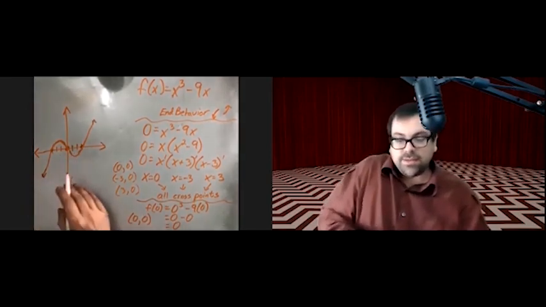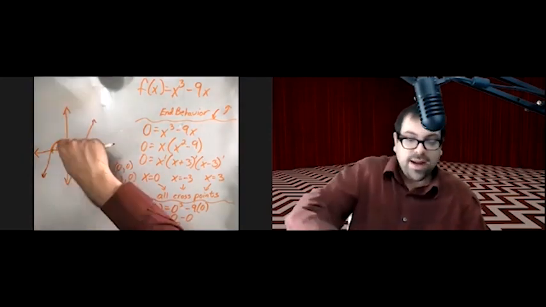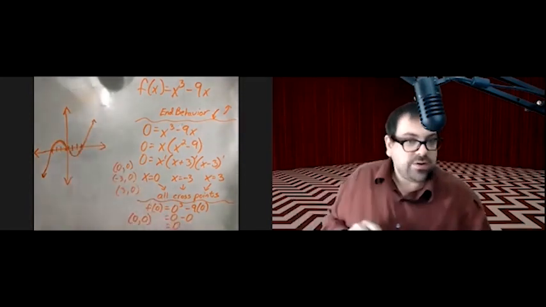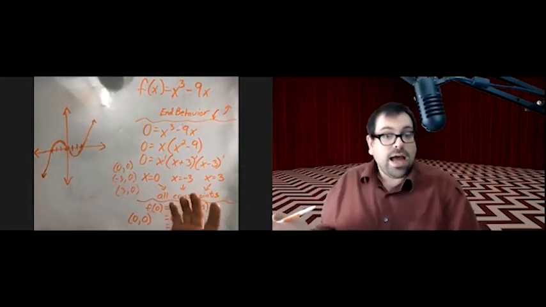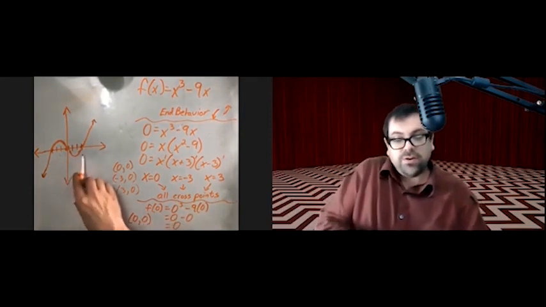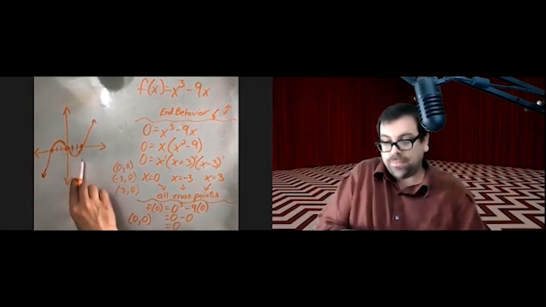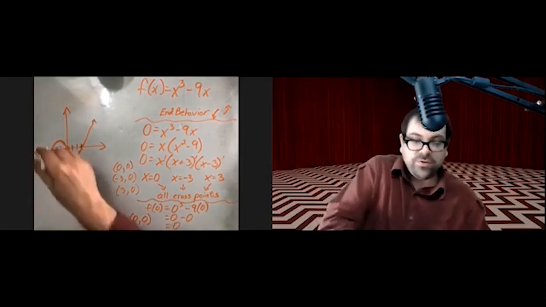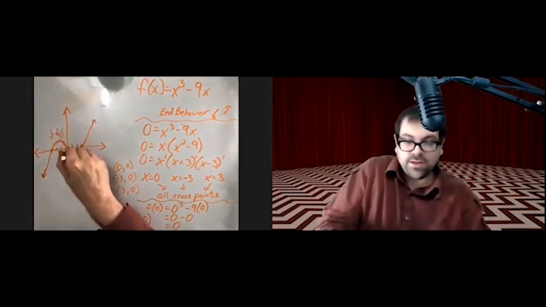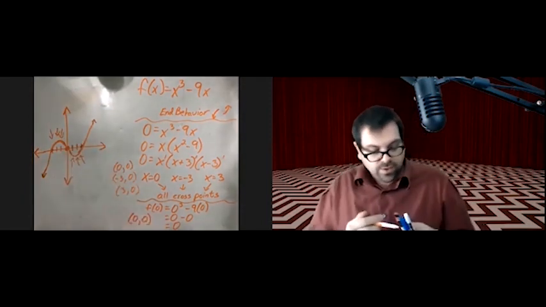To make this, notice I didn't put any tick marks on the y-axis because I don't actually know how far up, how far down it's going to go. How can we figure that out? We can plug values in between. So the more values we plug in for x between the x-intercepts, the more accurate we can get as to our graph.